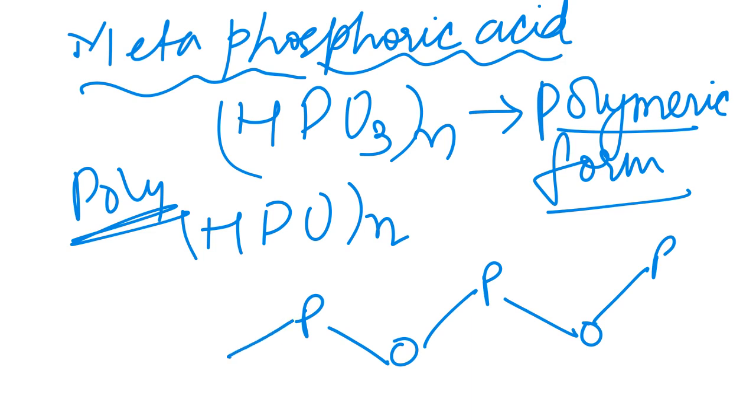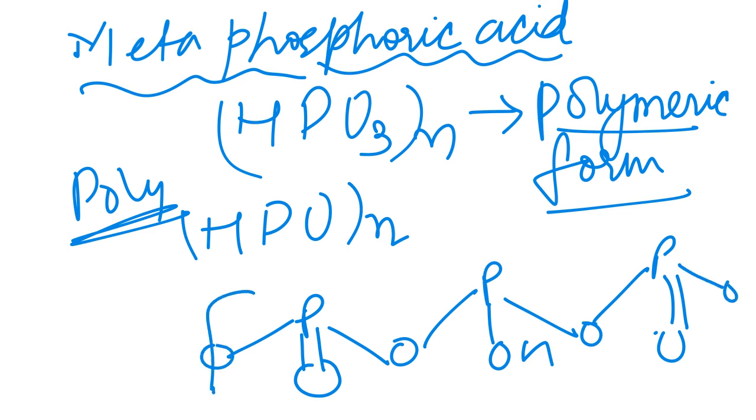Then if one phosphorus atom has O, the other will have OH, the other will again be phosphorus, and so on. So in this way the polymeric form is there, and you can put it in brackets and then write n times. So it will be polymetaphosphoric acid. Okay.